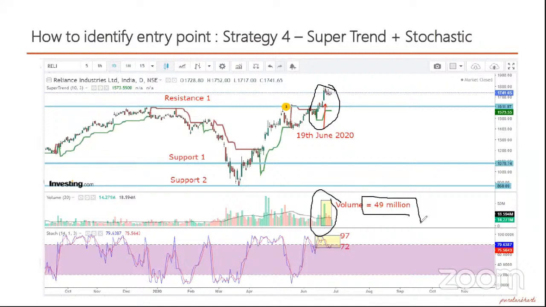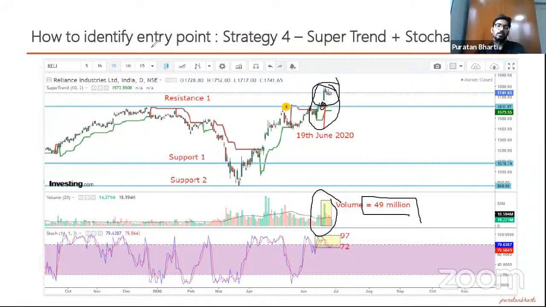That's not normal volume, that's very, very high, which is 4.9 crores, almost 5 crores of volume. So I can simply buy this stock. It is correcting a little bit, but if I had bought it at this point in time, you will see that the stock prices have started moving up.